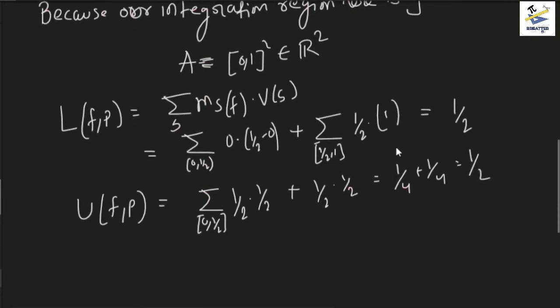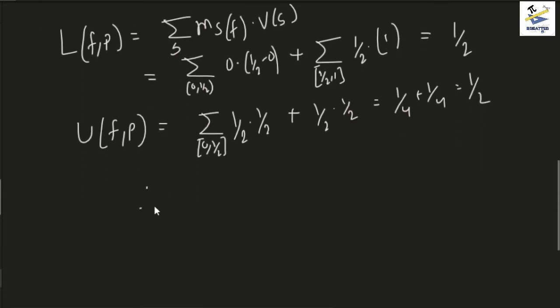And so we see the lower and upper sums are equal, and therefore the integral is 1 by 2, right?